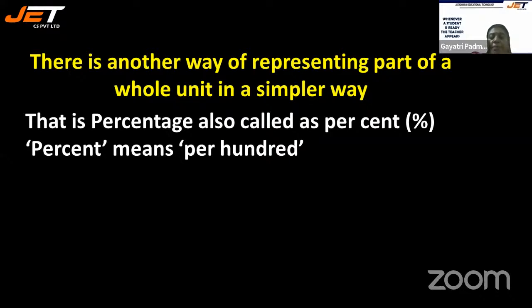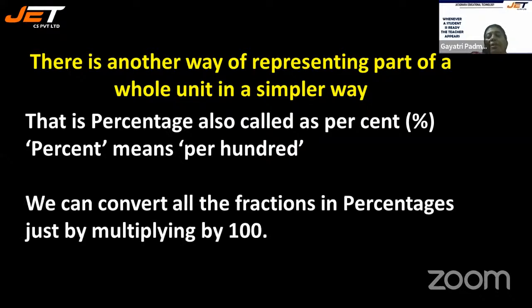So per cent means per 100. We can convert fractions into percentages just by multiplying by 100. When we convert into percentage, we multiply by 100; when we convert back into a fraction, we divide by 100. That is a simple logic that we need to understand.